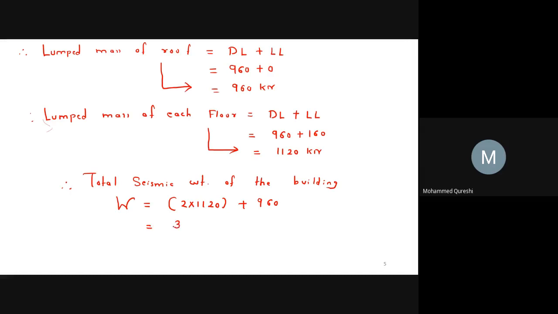So you will get the value of capital W as 3200 kilonewton. So this capital W, 3200 kilonewton, will be helpful for us while calculating the design seismic base shear, that is VB.